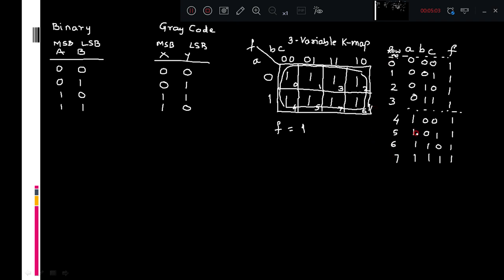These row numbers are converted into 8 cells, and here we have used gray coding and we have entered the values for all the combinations. When all the inputs in the K-map are 1, that function results in F equal to 1. Function output is always high.